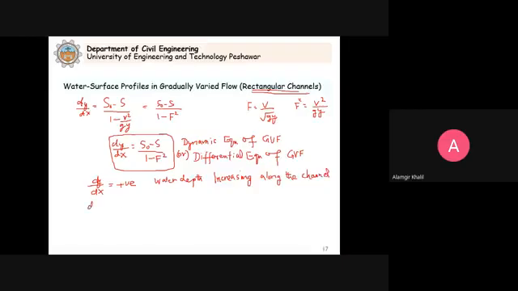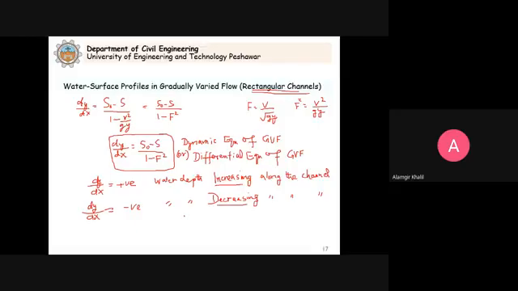And if this dy by dx is negative, you get negative answer, then the water depth will be decreasing along the channel. So this is very important. Clear?